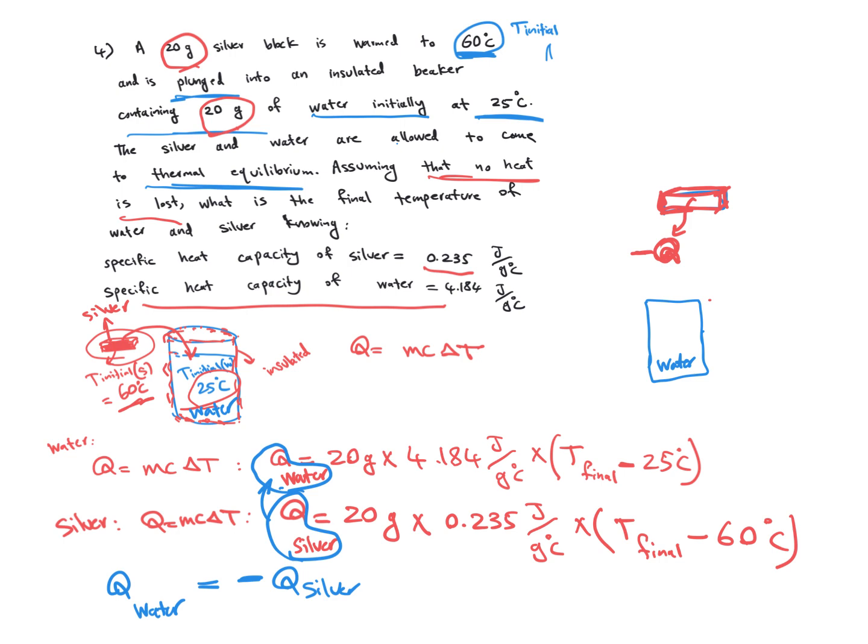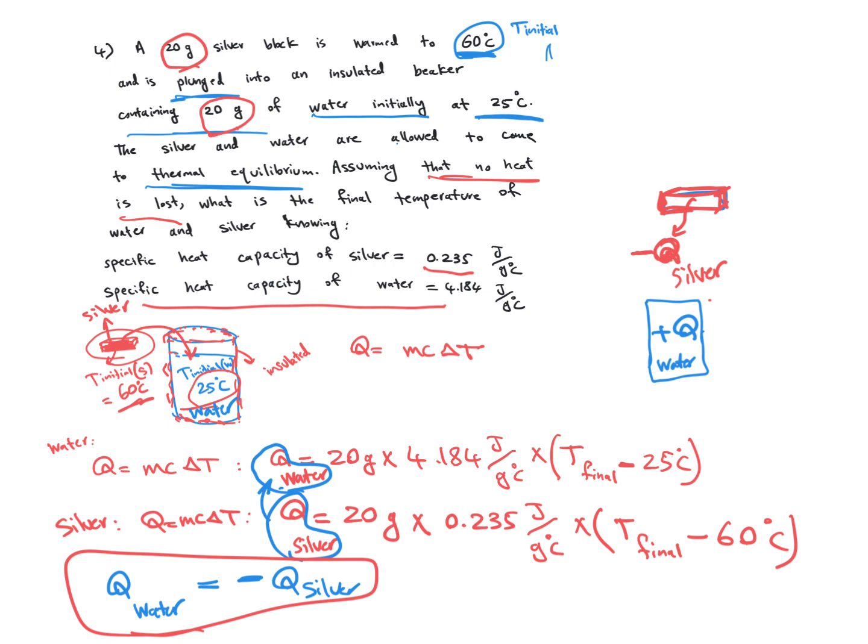It goes out of it. It goes out of the system. But when you consider the body of water, Q comes into it. So it receives this amount of energy. Does that make sense? So if I write Q of silver, basically Q of water equals minus Q of silver. Because silver, if you consider that as the system, the energy goes out of it.